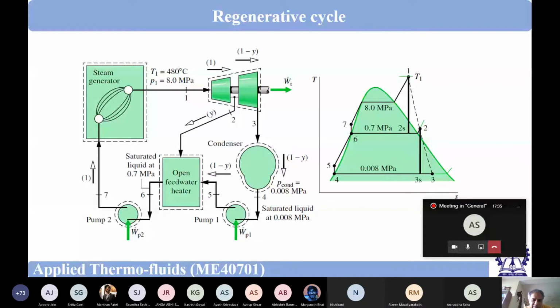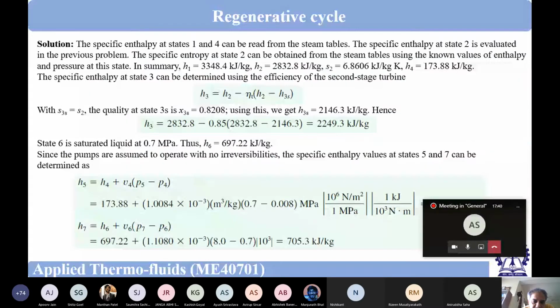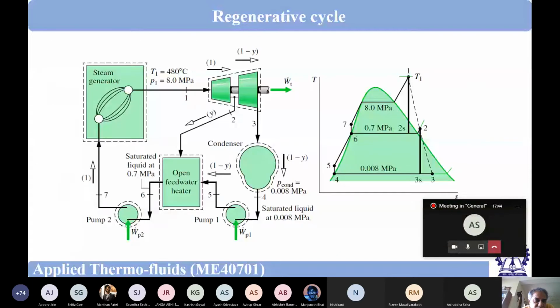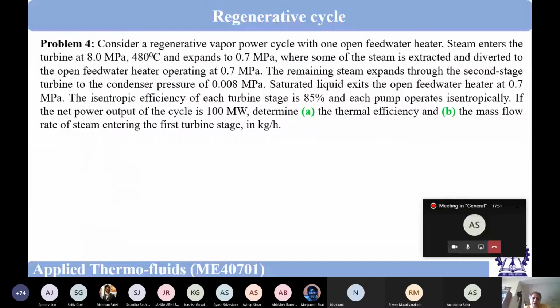But then there is a problem. Where is the problem? Is it given here? Yeah. So let us look into this problem closely and try to see its solution. Consider a regenerative vapor power cycle with one open feed water heater. It is very, very ideal.